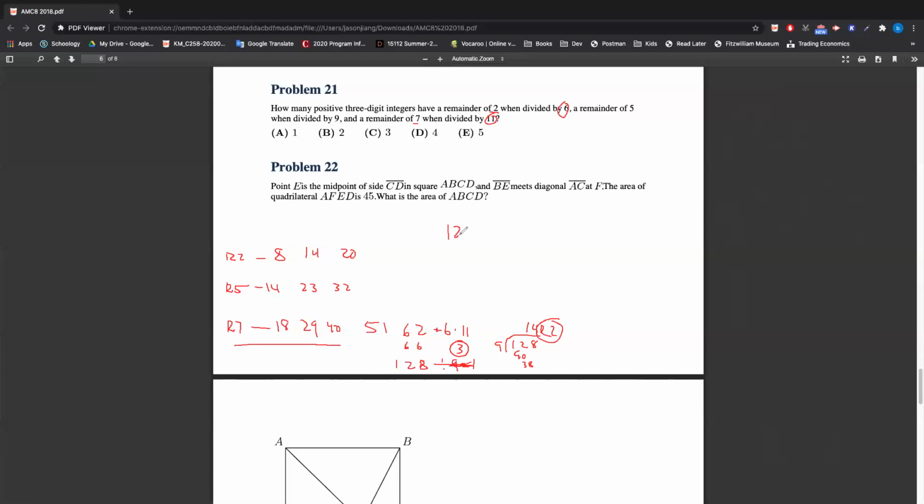So let's just confirm that. 128 plus 66, we get 294. Let's divide it by 9 just to confirm. And we're off. Did I add this wrong?